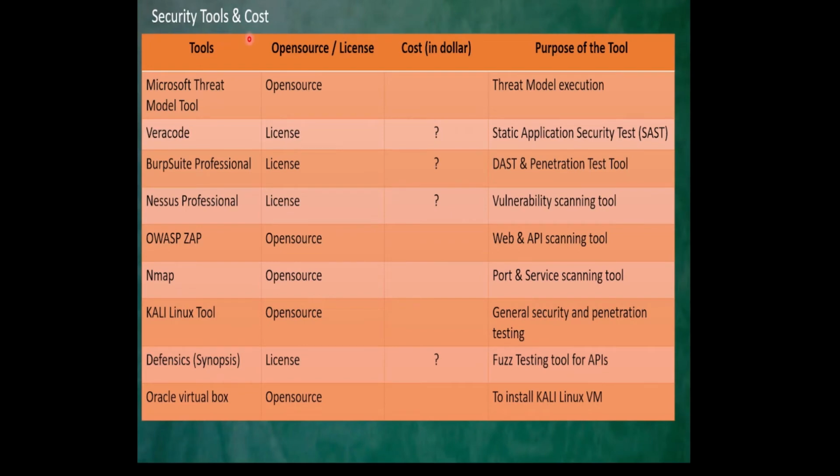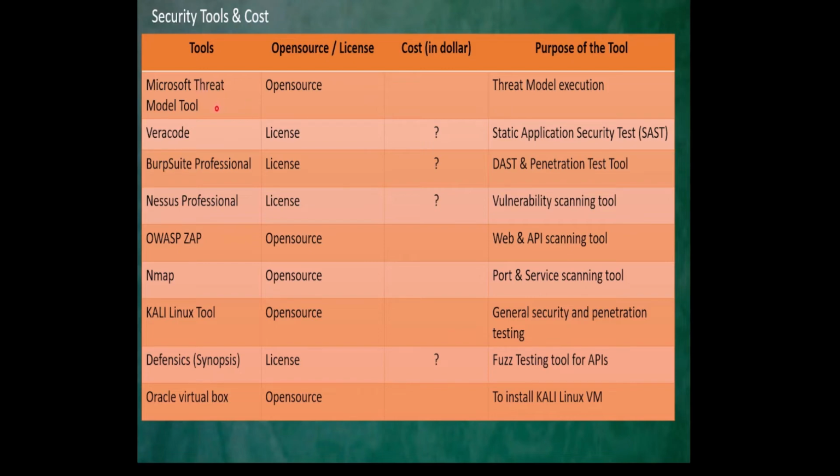Okay, another important consideration, security tools and cost. The tools list is mentioned in the first column. The second column, whether this is open source or license. Third column, if it is license, what is the cost? Then the purpose of the tool. All these aspects we need to consider and we need to create the cost sheet for each tool.